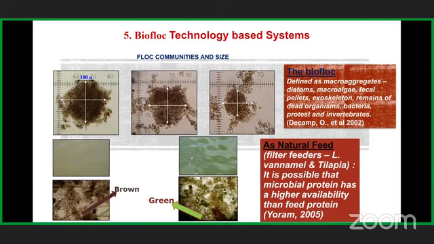We will maintain the carbon nitrogen ratio at 10:1 to 15:1, and there will be natural growth of some heterotrophic bacteria. Like here you can see in the picture, there will be some micro aggregates, diatoms, microalgae, fecal pellets, exoskeletons, etc. All this we can use as feed again for our cultured species.